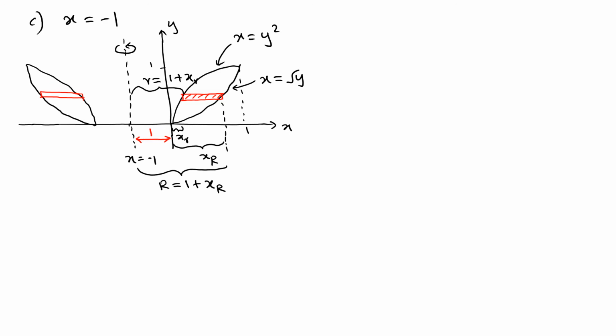So now we have the two radii, so r equals 1 plus x. Small r is 1 plus x, and you can see it is the top curve, so it's y squared, so 1 plus y squared, and the large r, which is 1 plus the larger x coordinate, which is 1 plus square root y.